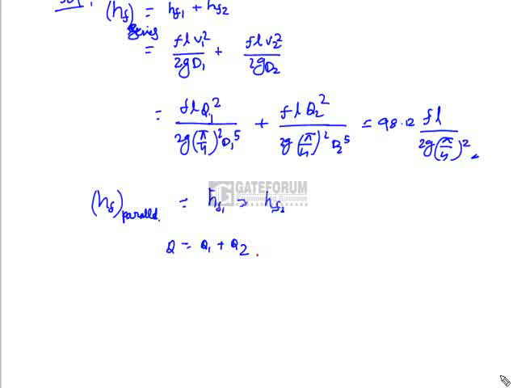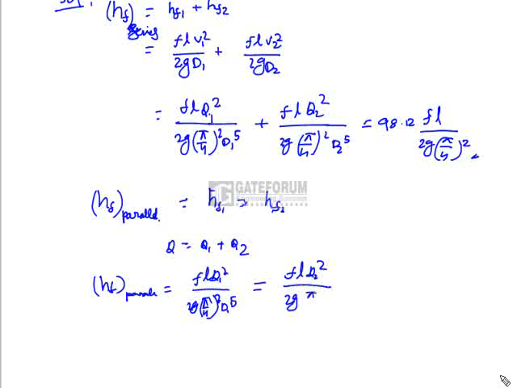And HF1 or HF2 is given by FL Q1 square by 2G pi by 4 whole square D1 power of 5, which is equal to FL Q2 square by 2G into pi by 4 whole square into D2 power of 5.